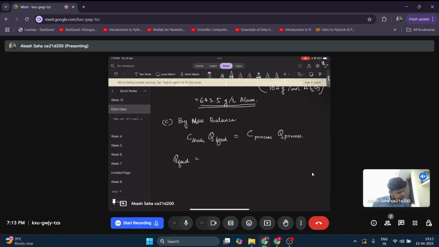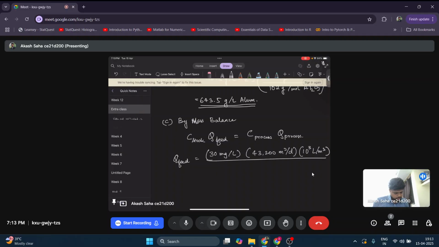The concentration of the process will be 30 milligrams per liter, and Q of process will be 43,200 meter cube per day. I will convert liters to meter cube, so 10 to the 3 liters per meter cube.